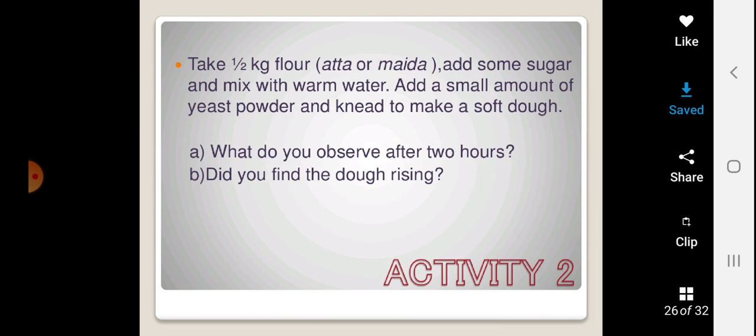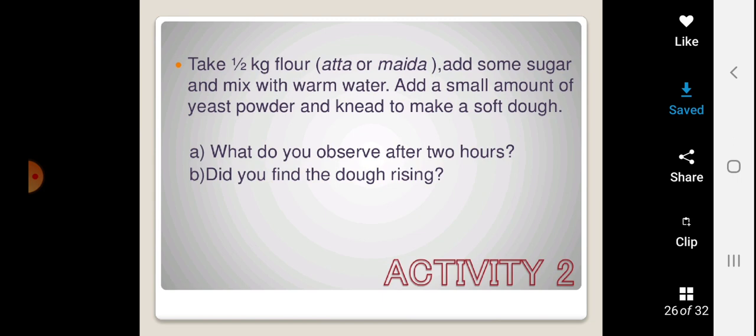Now, you remember what we have done here? We have added yeast to the warm water and then kneaded to make a soft dough. When you add yeast, which is a microorganism, to the warm water, it starts activating and multiplying. And as you remember, during respiration, this yeast will produce carbon dioxide.